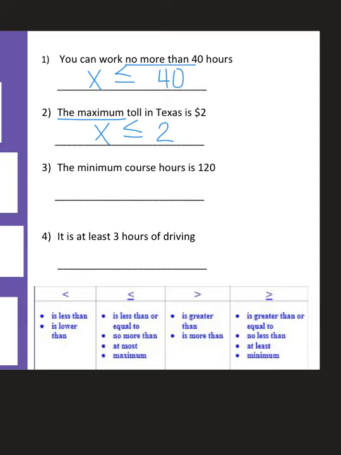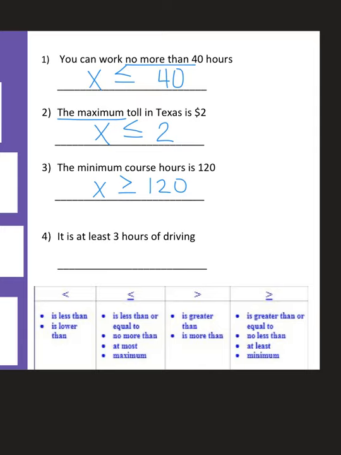Okay, the minimum, so X, and then the minimum is over here, is greater than or equal to. So the minimum is 120. So whatever X is, the number of hours is going to be greater than or equal to 120 hours.